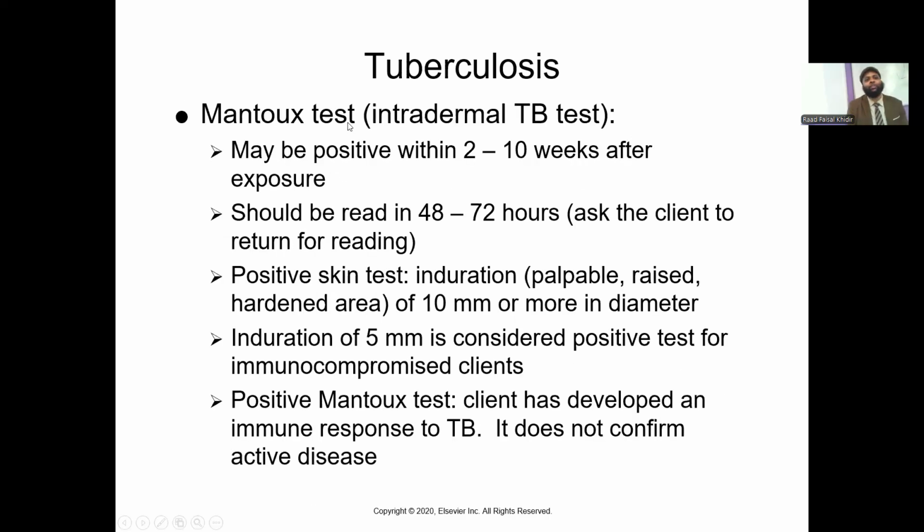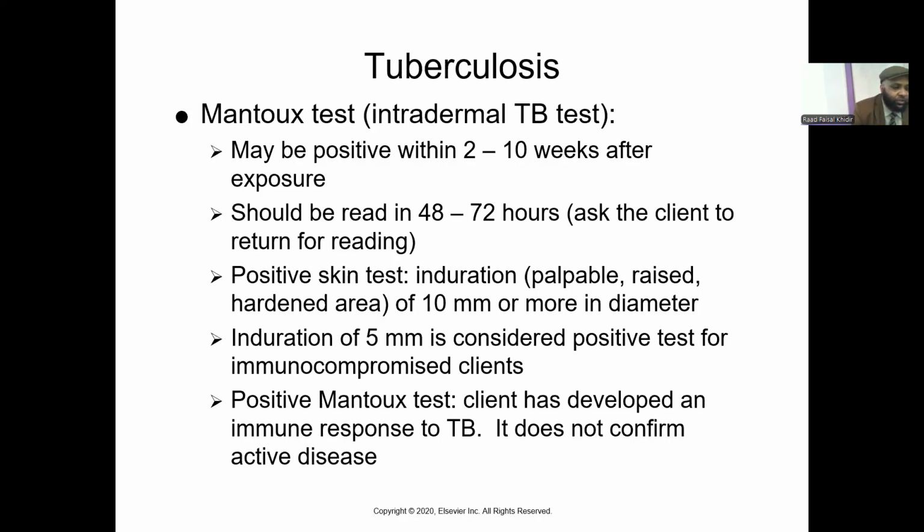The Mantoux test, that's an intradermal tuberculosis test. It may be positive within 2 to 10 weeks. A positive skin test is known when you examine and find a palpable induration, a raised hardened area of 10 millimeters or more in diameter.